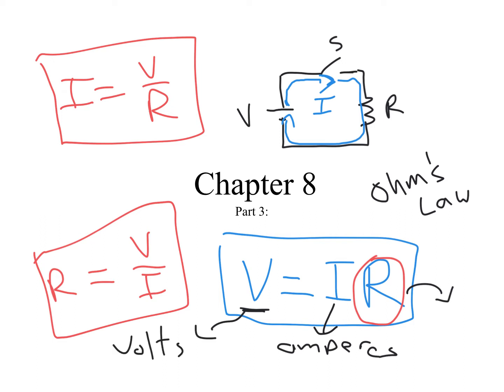And resistance is in what are called ohms. And so usually you see it represented by the word ohms. Sometimes it's represented by a symbol. And the symbol for ohms is the capital Greek letter omega, which looks kind of like that. That's an omega. And so if you see that symbol, usually that's referring to ohms.